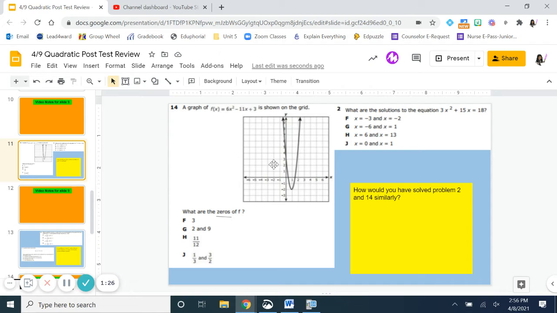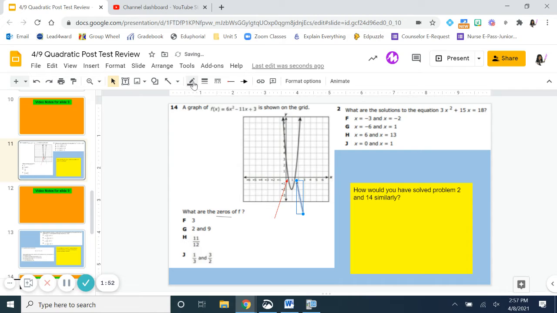So if I look at the graph, I have to look for when the parabola intersects with the zero or the x-axis. Let's see, I'm going to put some arrows where it intersects. That would be one right here. I'm going to make that red. There's one of them at this point, and then I have another one right here next to it.